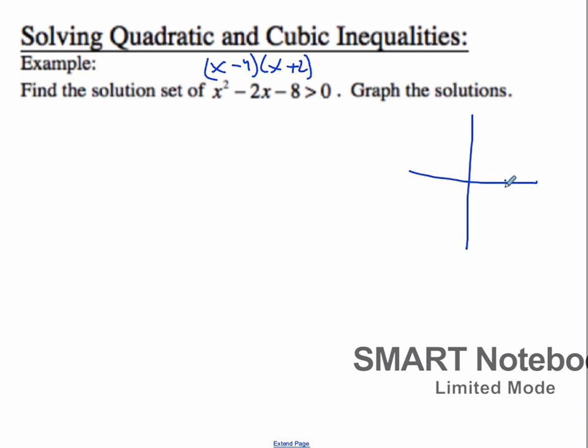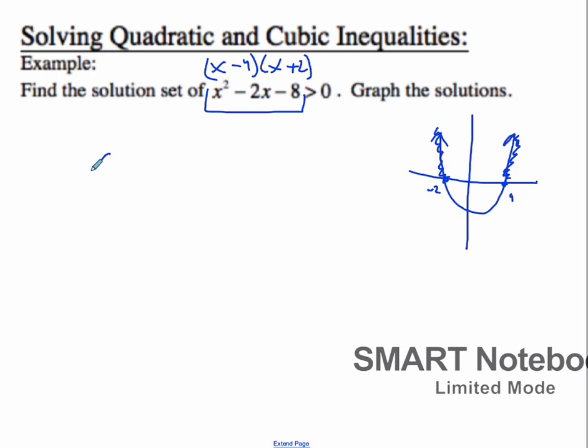And here 4 and, sorry, -2 are the intercepts. And it's an upward facing parabola, so the parabola will look like this. And we're looking for values of x squared minus 2x minus 8 which are greater than 0. So that actually occurs here and here, because here we have values that are less than 0, here we have values that are greater than 0.